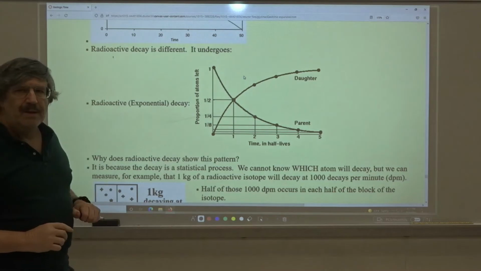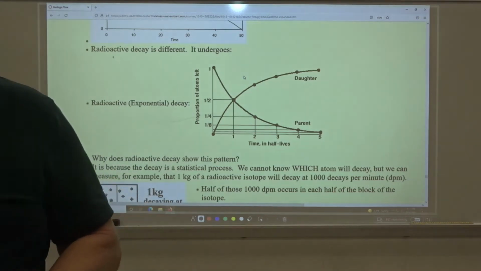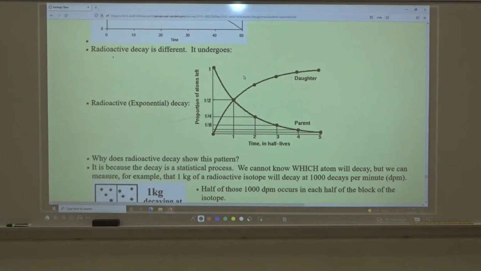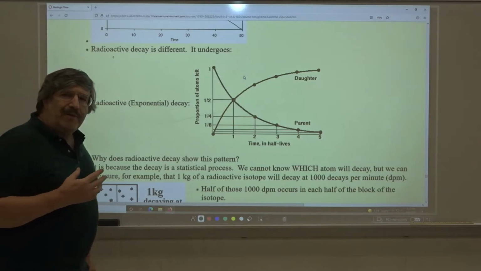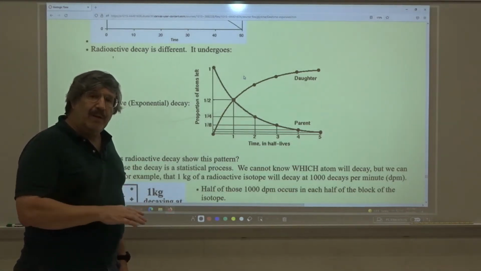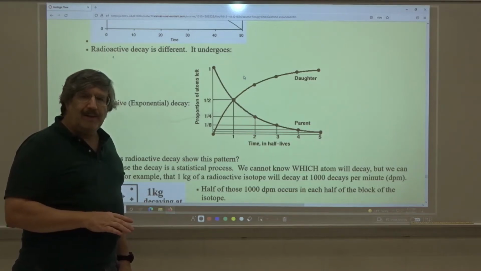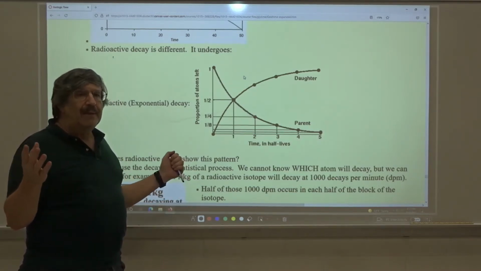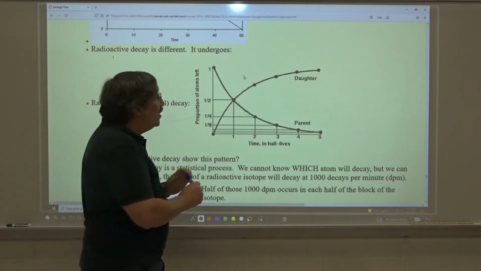Okay, so how can we use this? Well, the way that we're going to use this is we are going to look at the fraction that we have left over after a certain number of half-lives. And suppose that we have 1/64th.